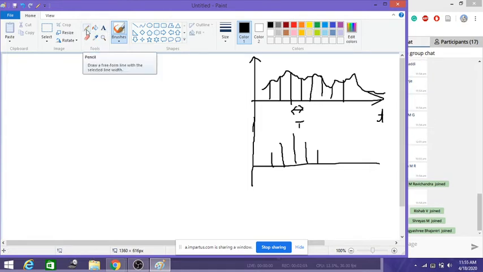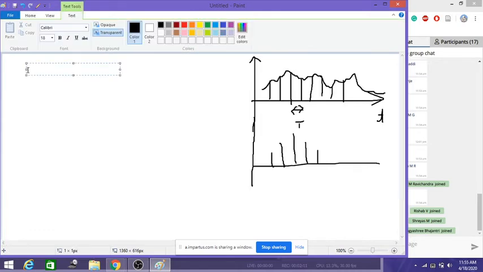So the conversion basically involves three steps. Let me write down here. Conversion of analog to digital consists of three steps.